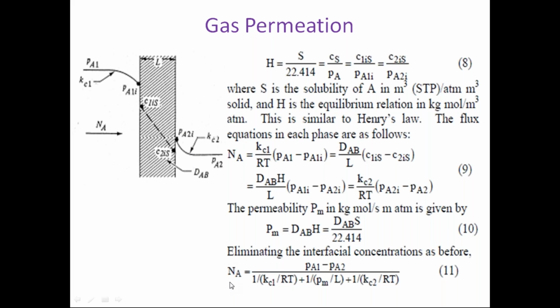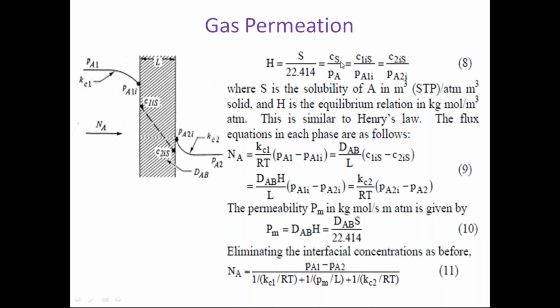So the N_A will be the total flux, which you can calculate by using this, where this is the permeability. Permeability is the product of the diffusivity of the component through the solid and its solubility. S is the solubility, which you can define by using this.